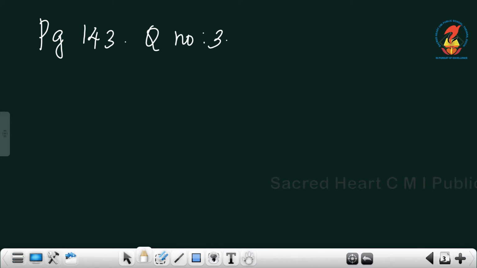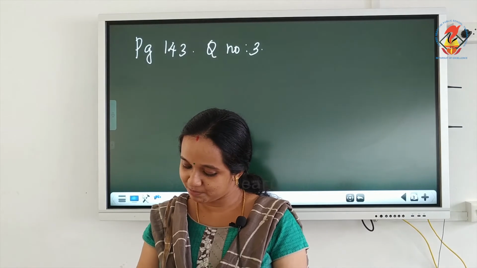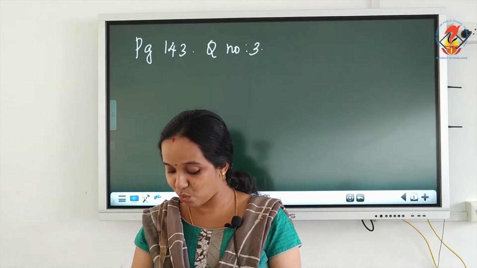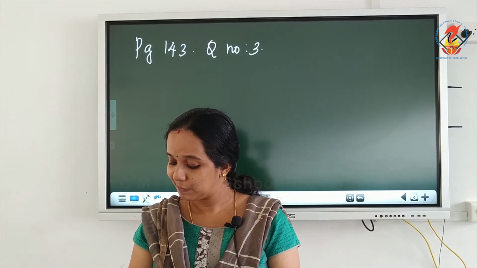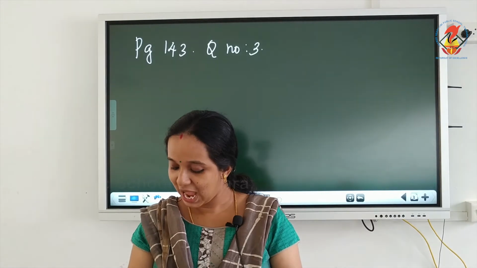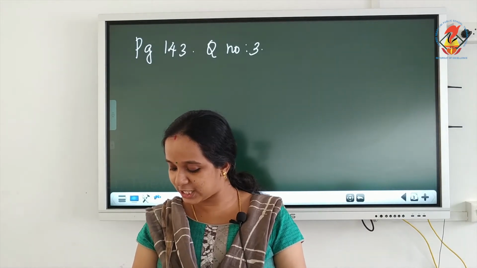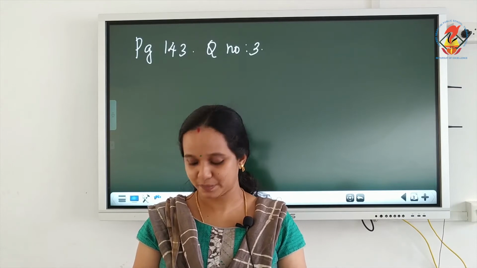The question is, what is the magnitude of the gravitational force between the earth and a 1 kilogram object on its surface? Mass of earth is 6 into 10 raised to 24 kilogram and radius of earth is 6.4 into 10 raised to 6 meters.